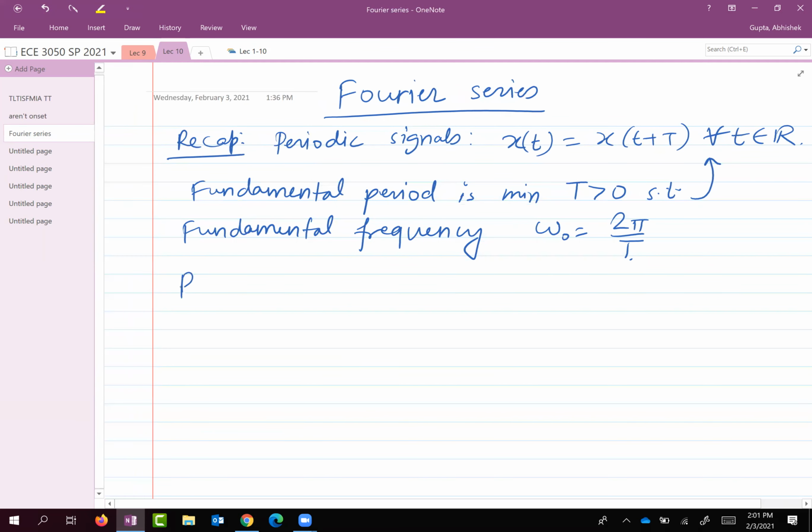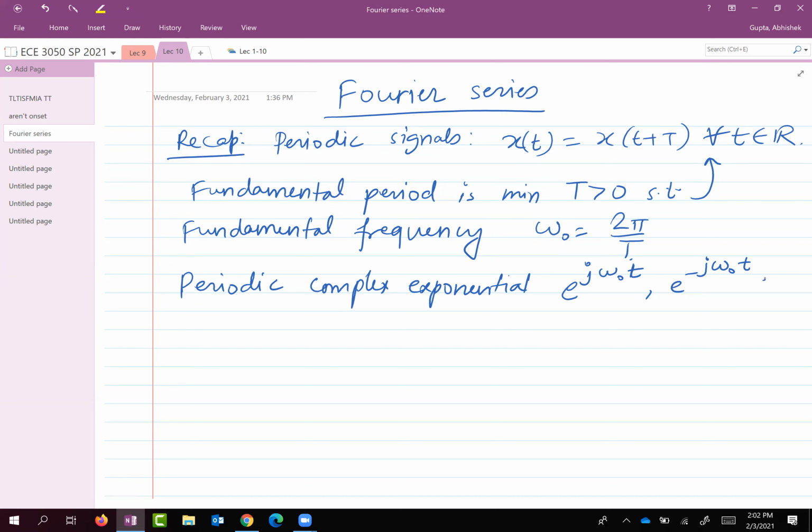And then we had talked about periodic complex exponential signals, which are e raised to j omega naught t and e raised to minus j omega naught t. These are the two periodic complex exponential signals with the fundamental period capital T and the fundamental frequency omega naught.